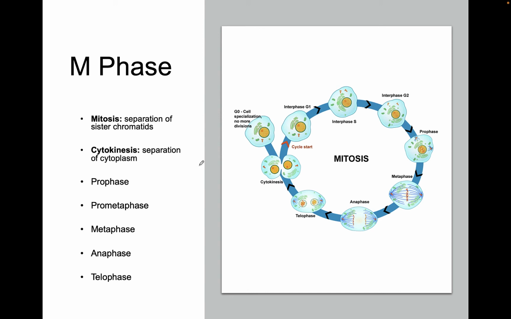In telophase, the sister chromatids have separated and they're now considered a separate chromosome. Telophase is marked by the arrival of the chromosomes to the spindle pole, so to each end of the cell. And now the nuclear membrane is going to begin to reform around the new set of chromosomes that are present. This is also setting up for the division of the cytoplasm.